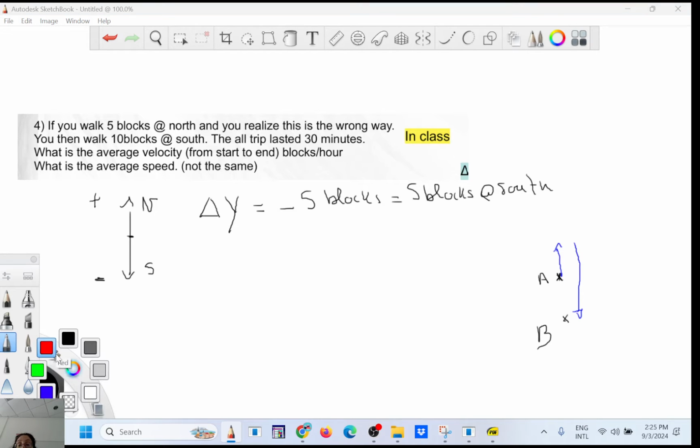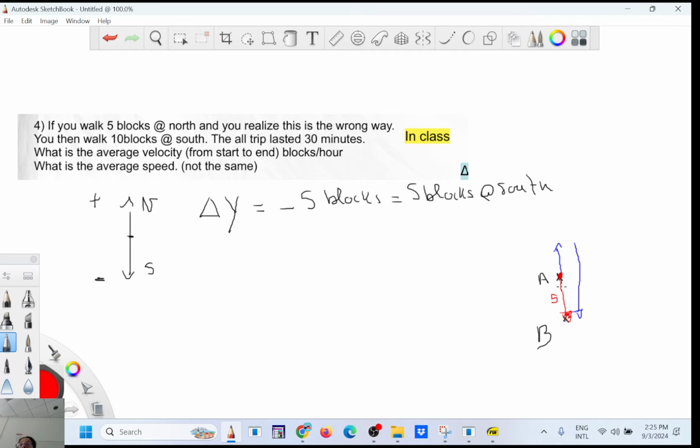To find the vector, you connect initial to final. Okay, so this here we call the tail of the vector, and this is the head of the vector. The magnitude is 5, but the direction is negative. Is that clear?